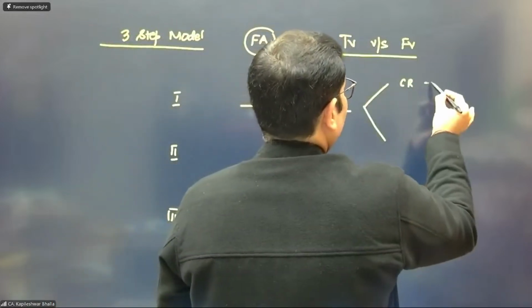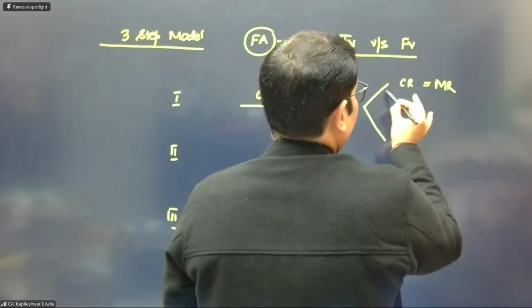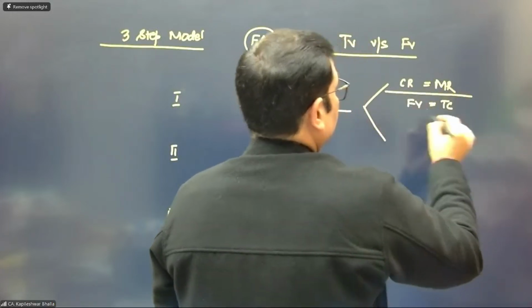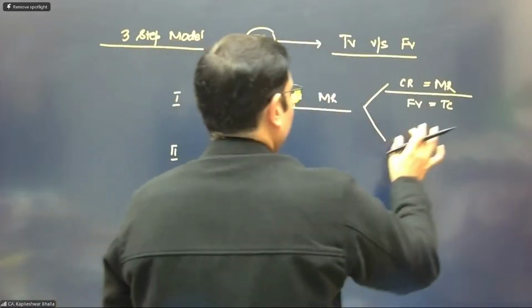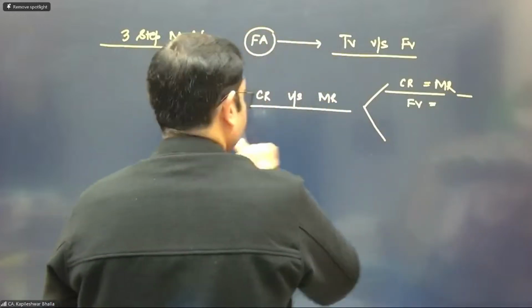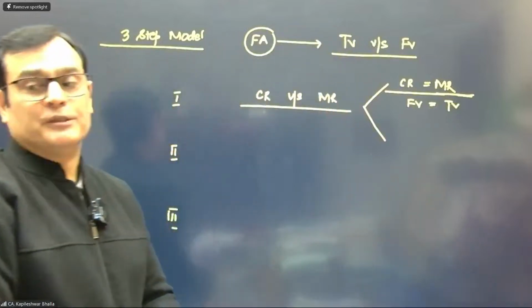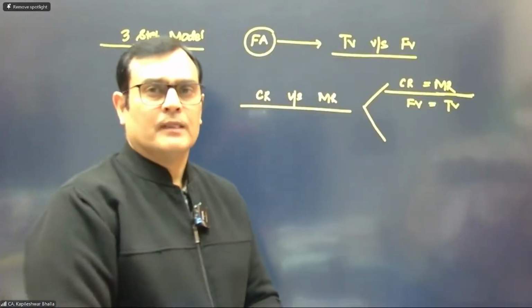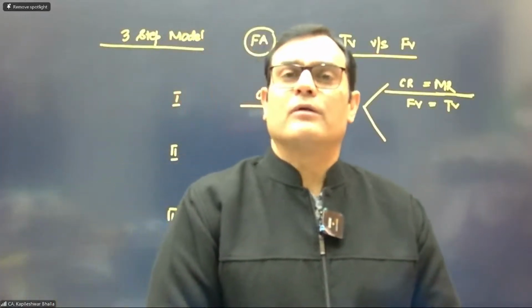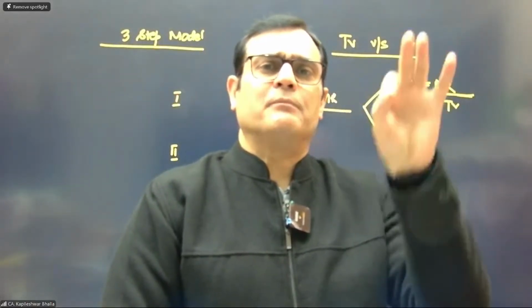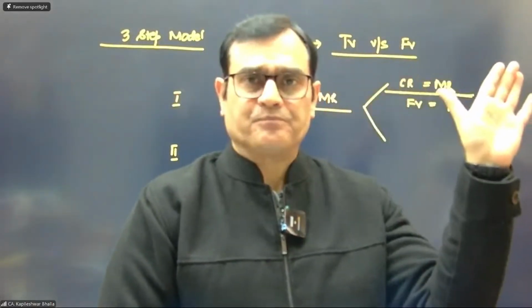When the CR is equal to MR, then the fair value is equal to the transaction value, the transaction price. In this case, nothing is to be done. When you see that things are at a market rate of interest, my life is simple. I am simply going to record the entry: FA debit, bank credit, same debit credit, no differences.